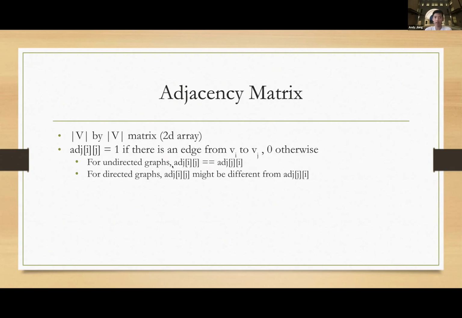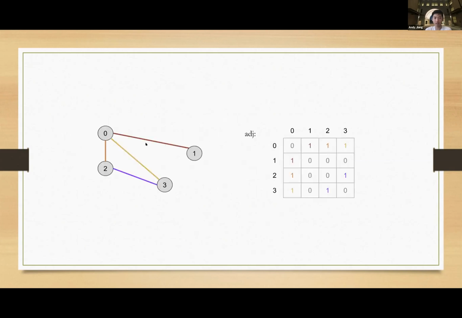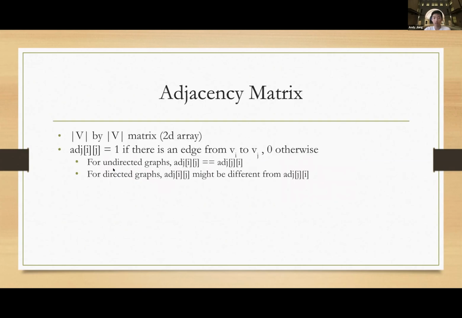So you might notice that for undirected graphs, row 0, column 1 will be equal to row 1, column 0, because these graphs go both ways. This isn't necessarily true for directed graphs though, because there are one-way roads instead of two-way roads.